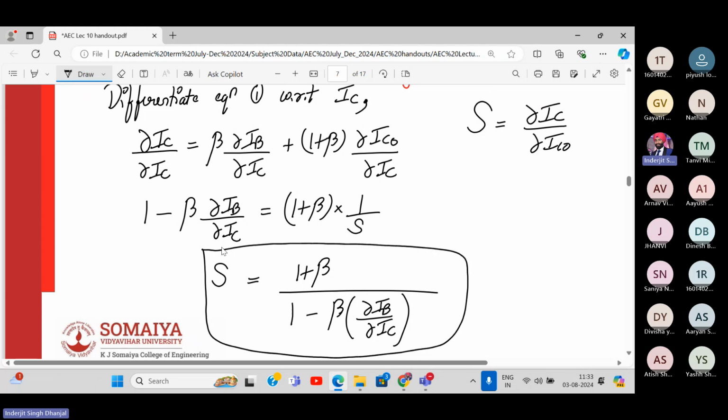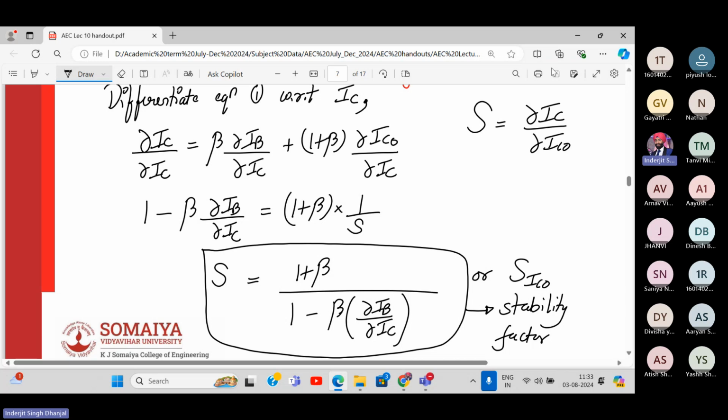Please note it down. We can denote it as S or SICO. This is the stability factor where only the leakage current is changing.